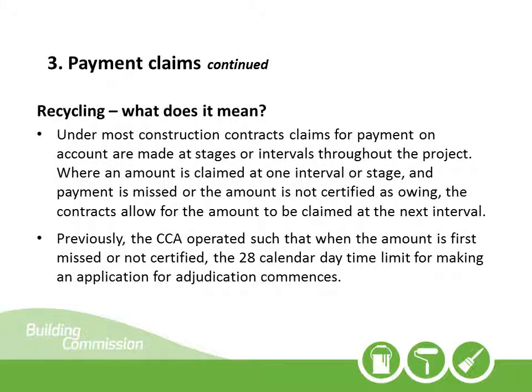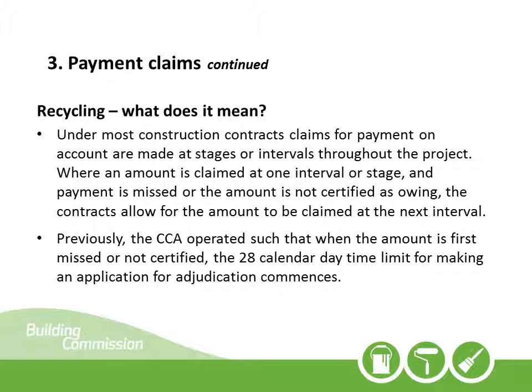Under the majority of construction contracts, claims for payment on account are made at stages or intervals as the particular project progresses. Where an amount is claimed at one interval or stage, and the payment of the amount is not made or the amount is not certified as owing at that stage, the contract will generally allow for the same amount to be claimed at the next interval, usually along with other amounts being claimed for work completed in that next interval.